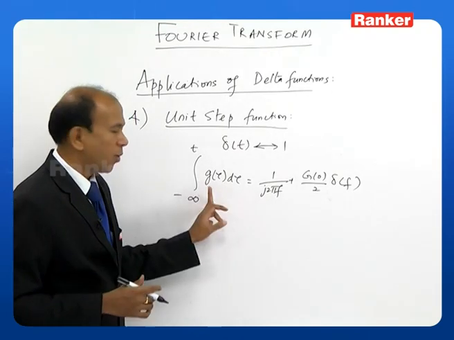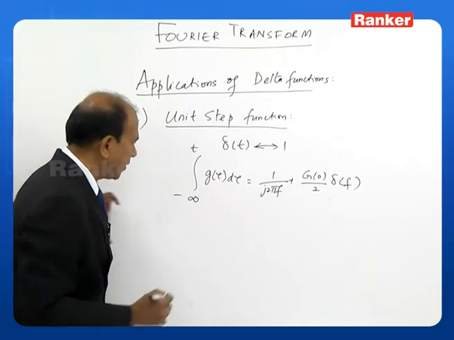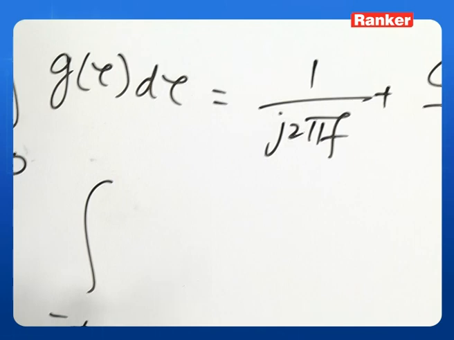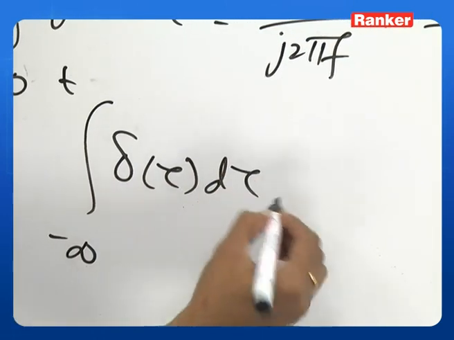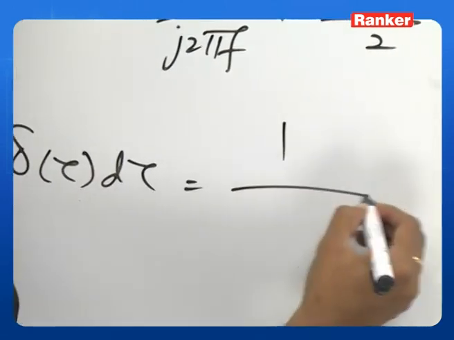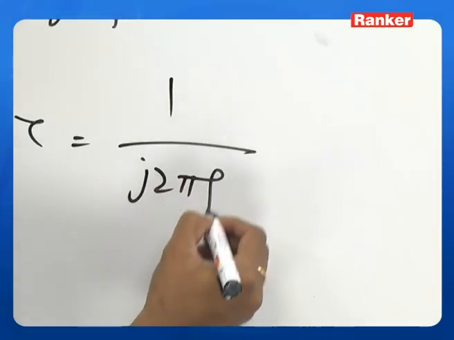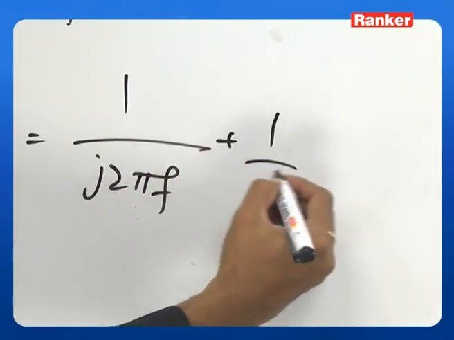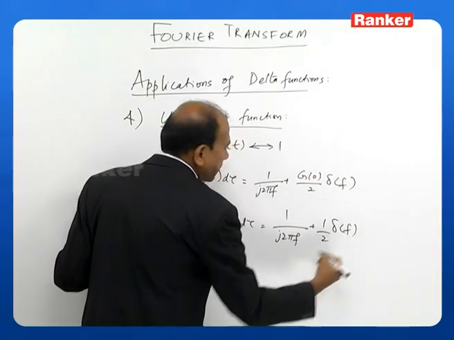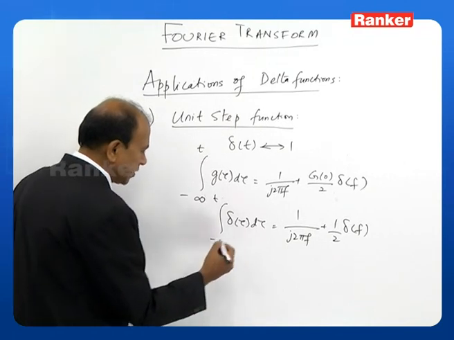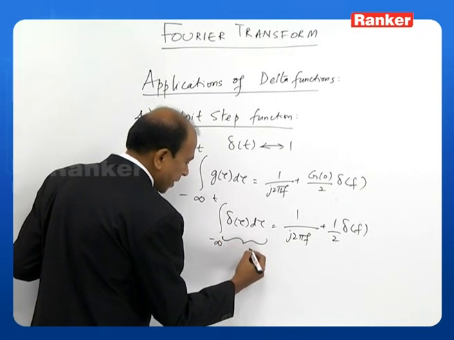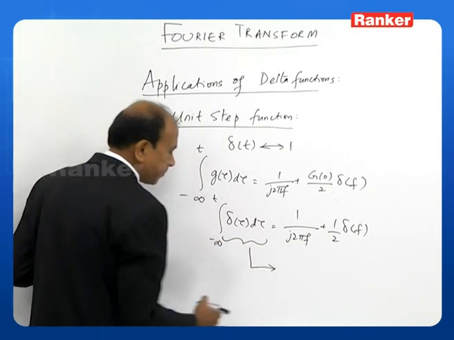Now, for us, what is g of tau here? Delta. So, if we take the integral from minus infinity to t of delta of tau d tau, this is equal to 1 by j 2 pi f plus 1 by 2 delta of f. When you look at this function, this will take 3 values.